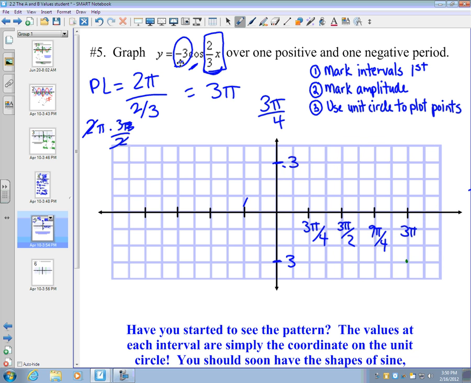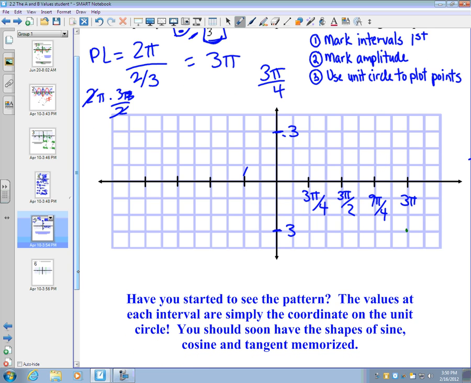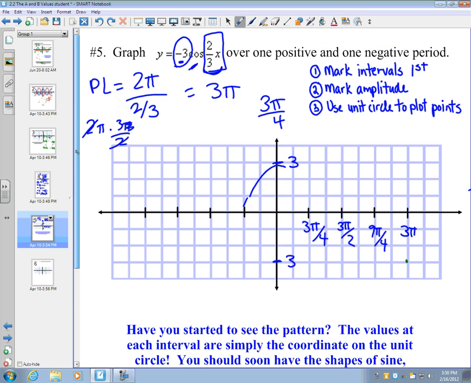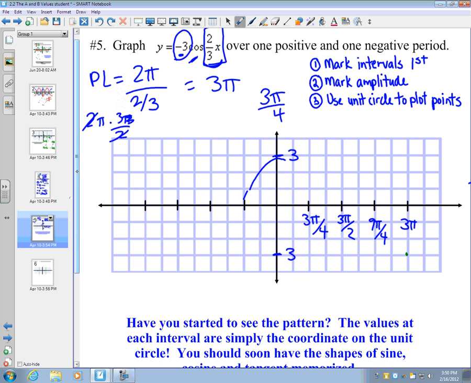Okay? So normally a cos graph we said would go like this, following that. However, because it is a negative cos graph, instead of starting at a positive, it's going to start at negative. And because its amplitude is -3, we're going to start down here, and we're just going to follow the same pattern.